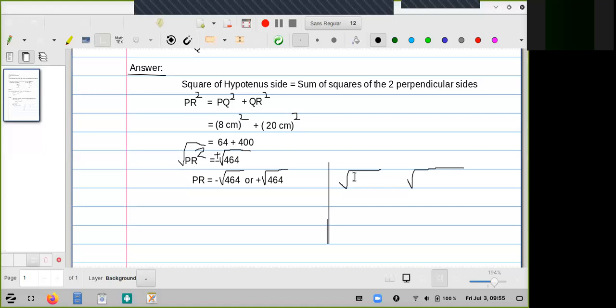But if there is a perfect square in that particular number, then you just have to factor it out and simplify it, right? So in this case, we are looking at 464, which is then equal to, I'm factorizing it.